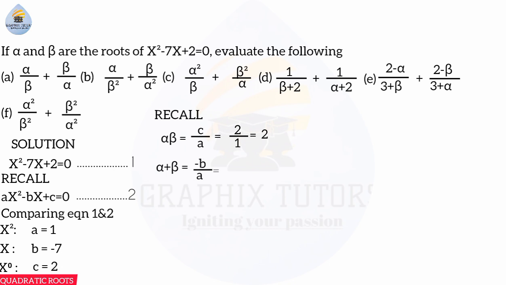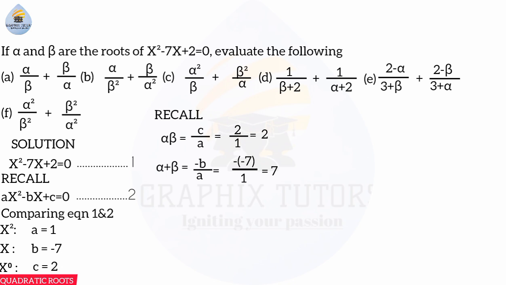We know b is what? Minus 7, so we have minus in bracket minus 7 all over a, and a is 1, and that will give us what? 7, because minus times minus will give you plus. So we have successfully gotten alpha beta and what? Alpha plus beta, right?